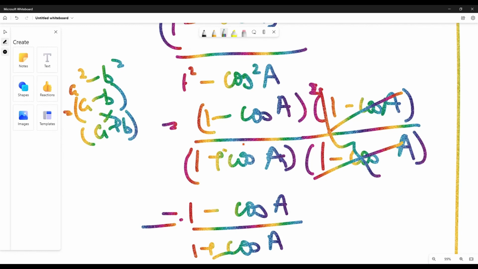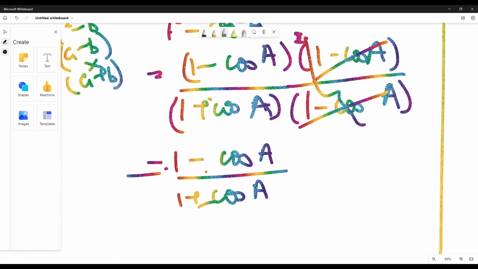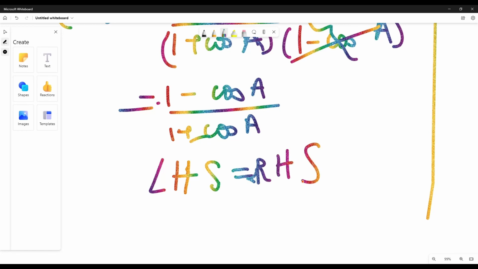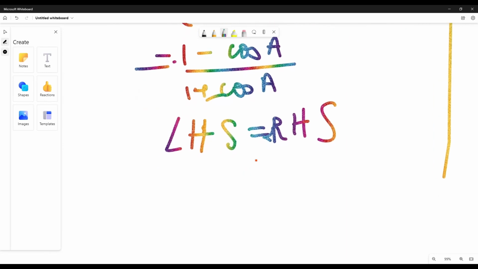And yes, they match. So the last line we write: LHS is equal to RHS, hence proved.